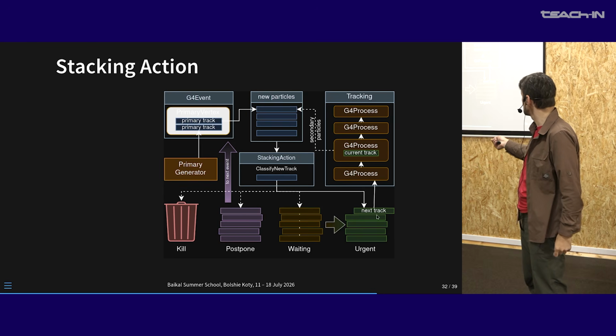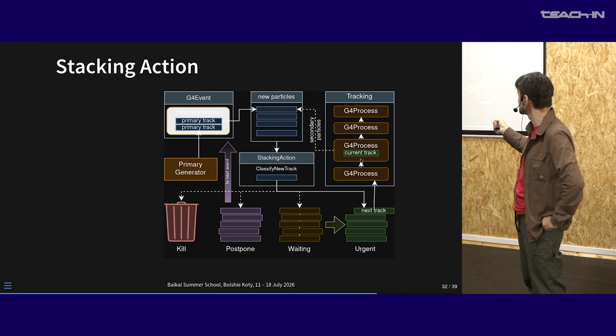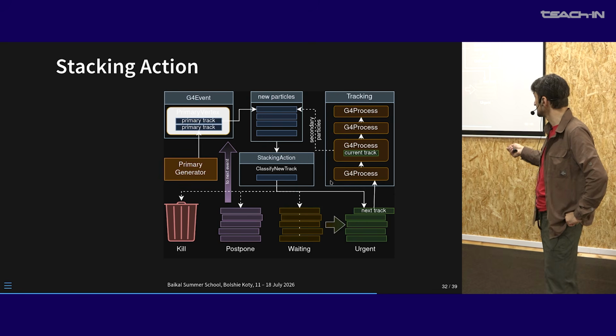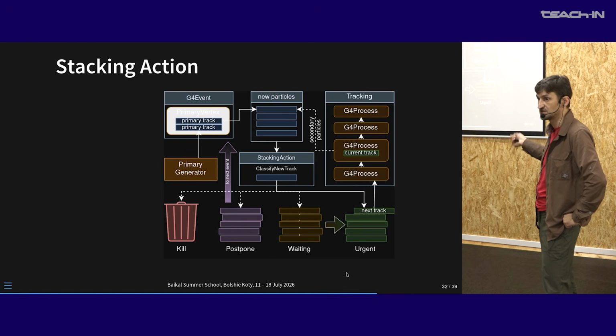So there is an urgent stack which will be taken for the tracking. This is how everything happens. We have these processes, they modify our track, they produce secondary particles, etc., and produce steps. We can classify it as waiting, so it just fills this stack, and this stack will be taken when this urgent stack is empty.